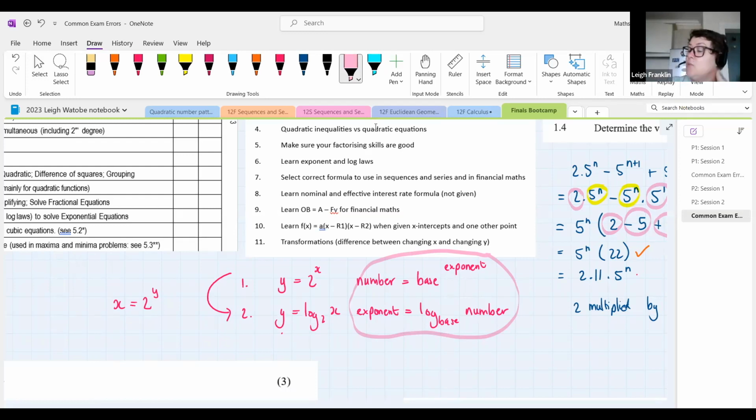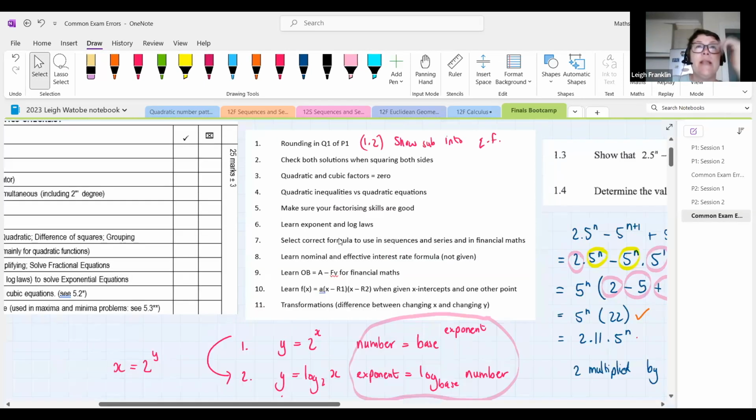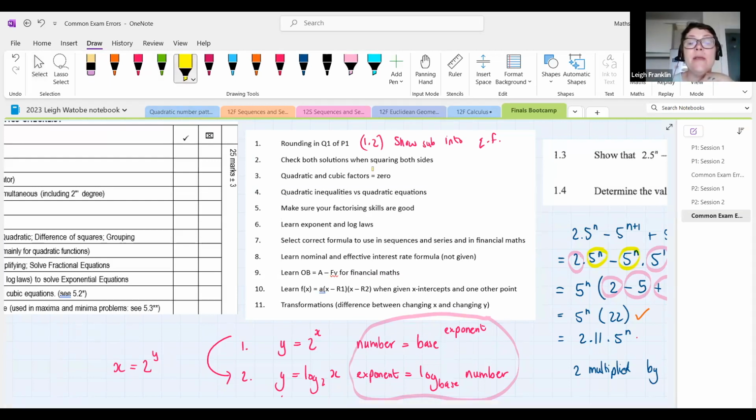Now, another place where people commonly lose marks in paper one is selecting the incorrect formula to use. This is particularly apparent in sequences and series, but also in financial maths. In sequences and series, if you're working with an arithmetic sequence, if it's not a series, use the TN formula.